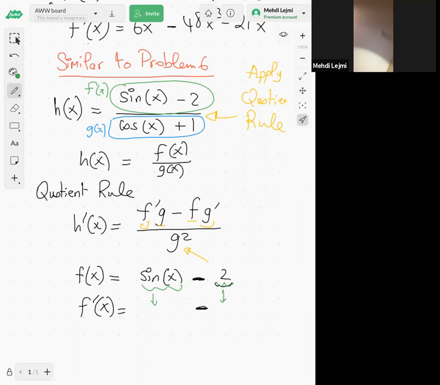Now what is the derivative of sine of x? Like in the homework, you have tan of x and secant of x, so you need to know the derivatives of trig functions. For sine of x, the derivative is cosine of x. We proved that the derivative of sine is cosine. So here it's cosine of x.